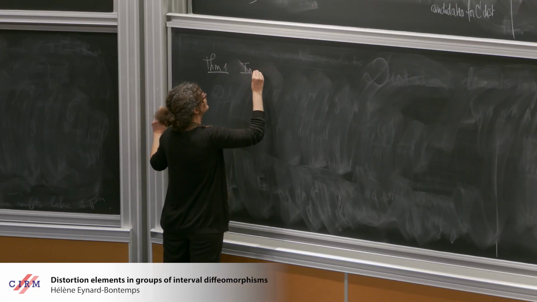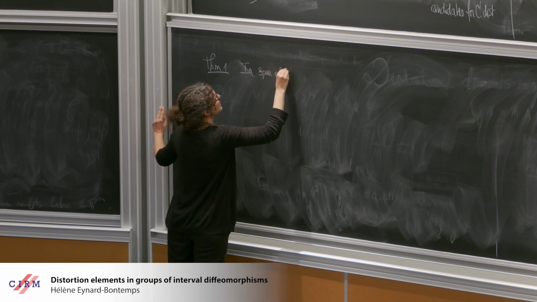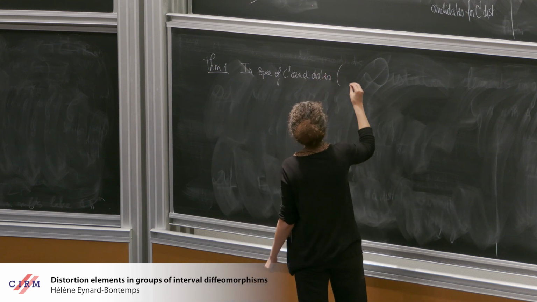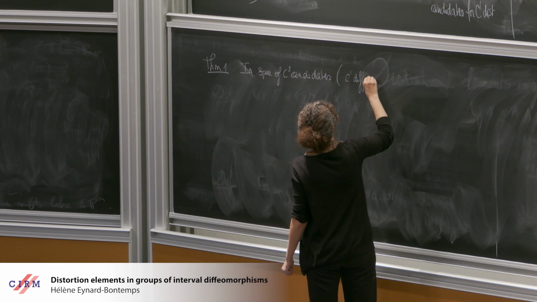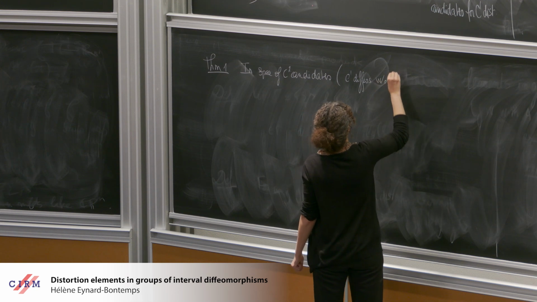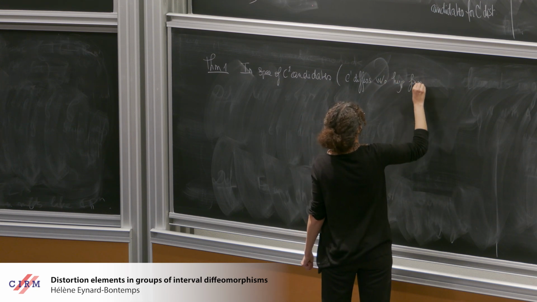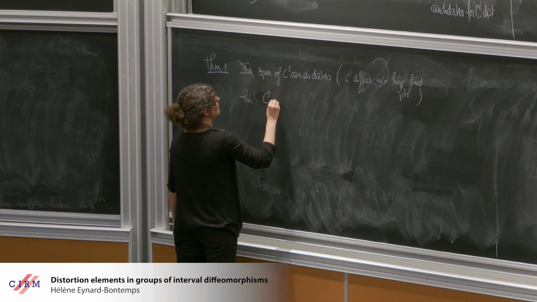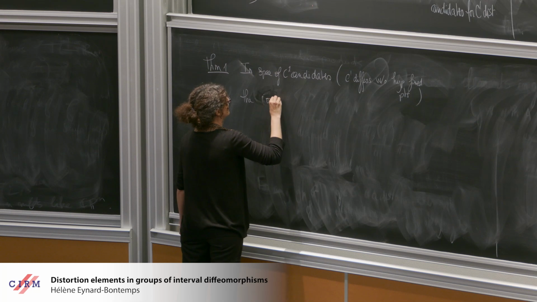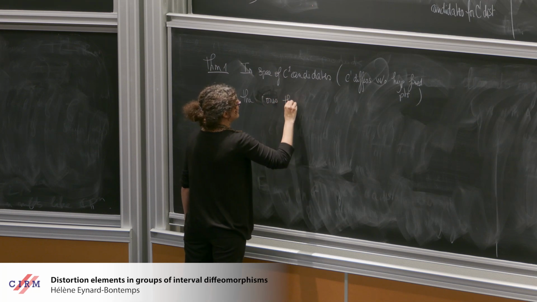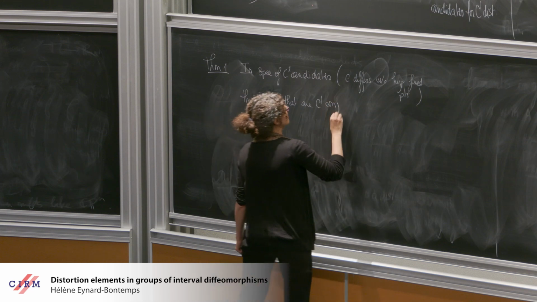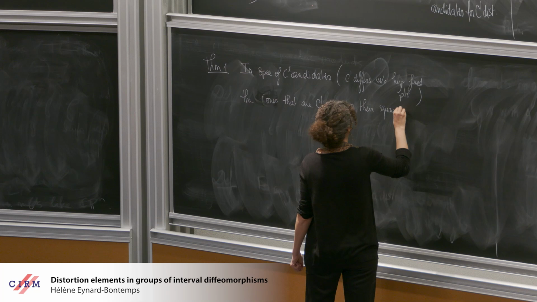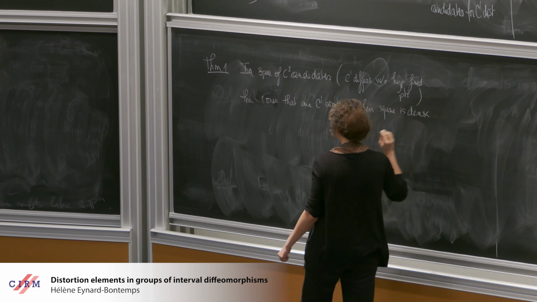In the space of C1 candidates, so let me recall, it means just C1 diffeos without hyperbolic fixed points, the C1 distorted ones, the ones that are C1 conjugated to, let's say, their square, is dense.